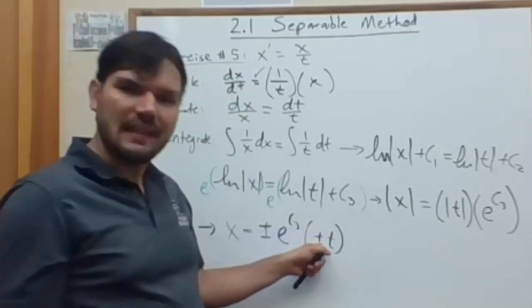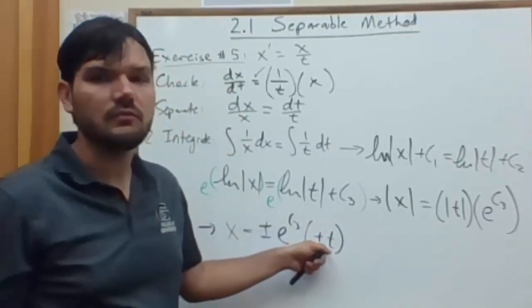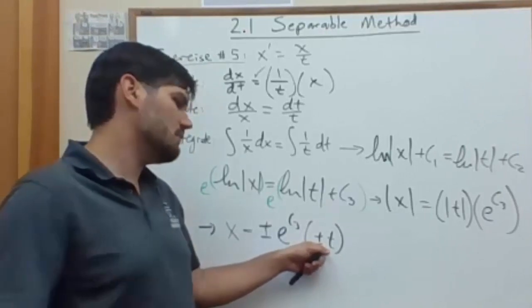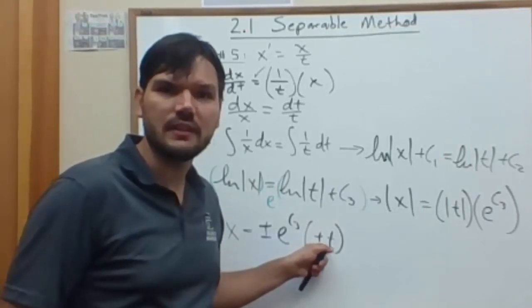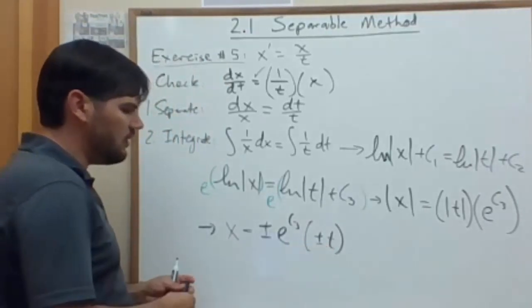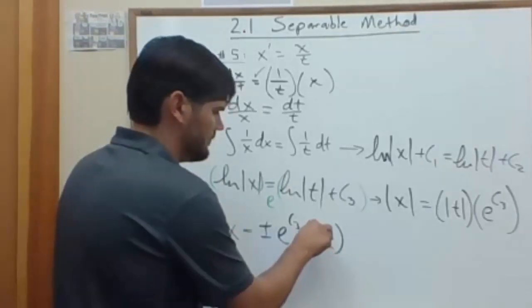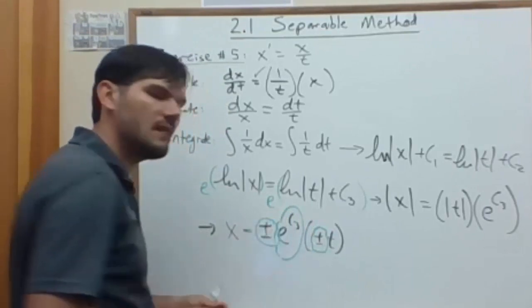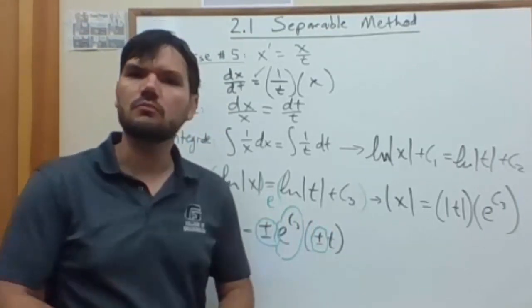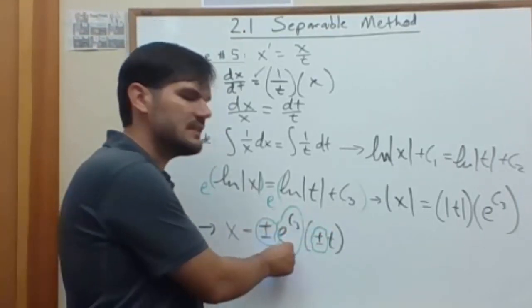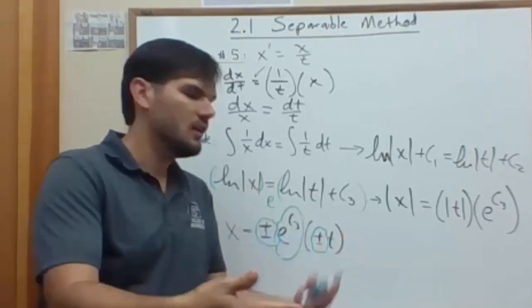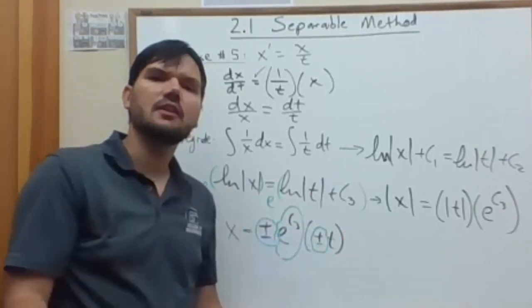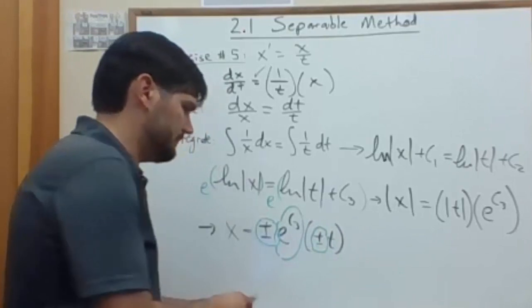Now, you would think that they cancel. They don't exactly cancel. You get plus or minus, you still have that same uncertainty. So we're going to bring all of that uncertainty into the constant. So now, even though e to the c3 has to be positive, because we have the uncertainty of the sign, we get positive or negative.